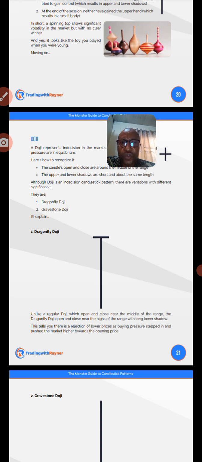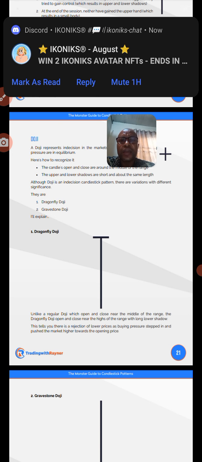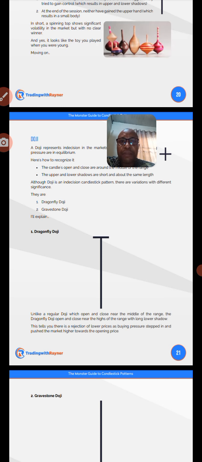And what does it show? It shows indecision in the market. And once you see this dragonfly doji, it means that price will surely go up, because the opening and the close are at the same area. And you can see the long wick, meaning that sellers brought price down and buyers took price back to where it opened.